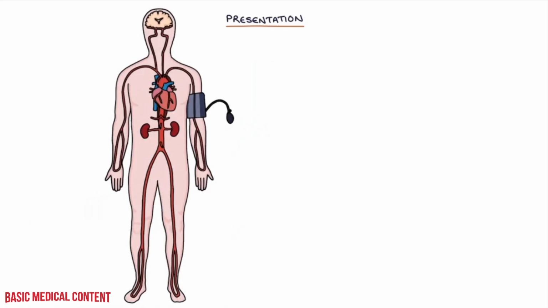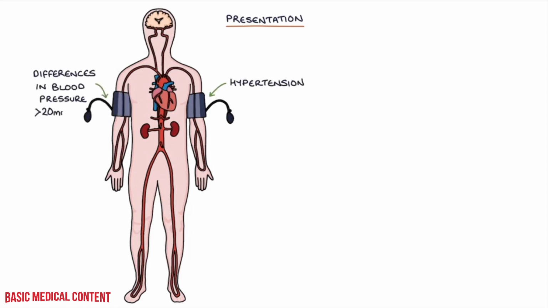Other features that may suggest aortic dissection are hypertension or a raised blood pressure, differences in blood pressure between the arms, and more than 20 millimeters of mercury difference is significant. A radial pulse deficit, which is where the radial pulse in one arm is decreased or absent and does not match the apex beat.